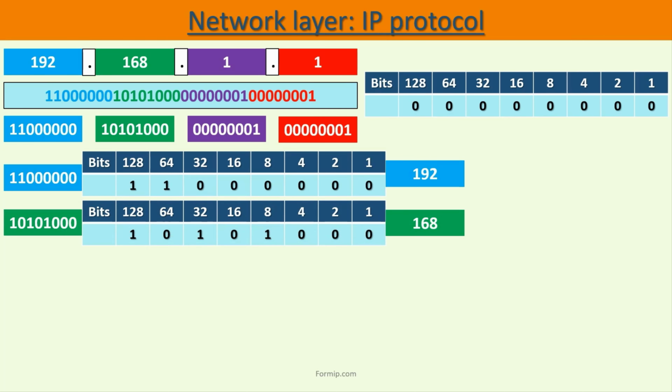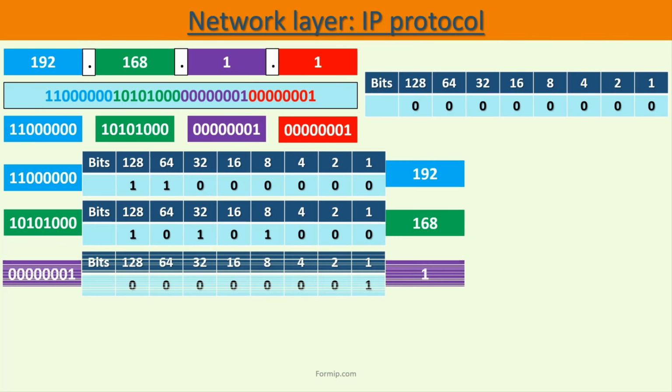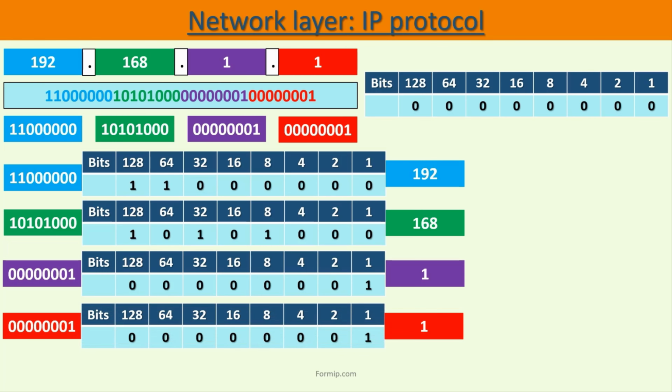For the second 8-bit block, we have 128 plus 32 plus 8, which gives us 168. For the third block, we just have the last bit, so that gives us 1. And for the last block, it will be identical to the third. The decimal number is 1, which gives us the IP address 192.168.1.1.